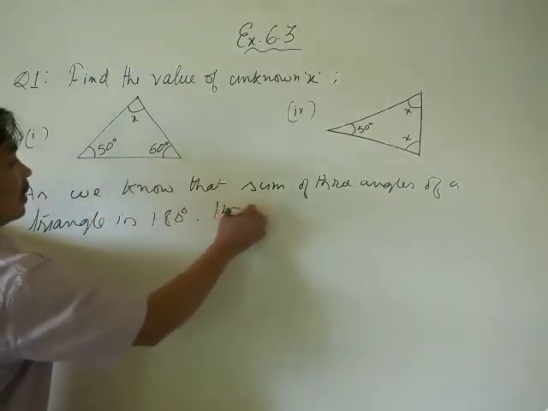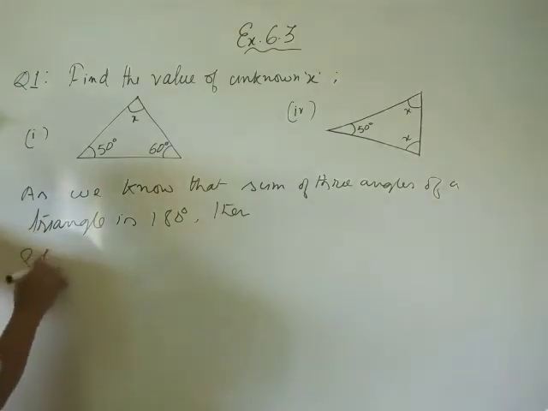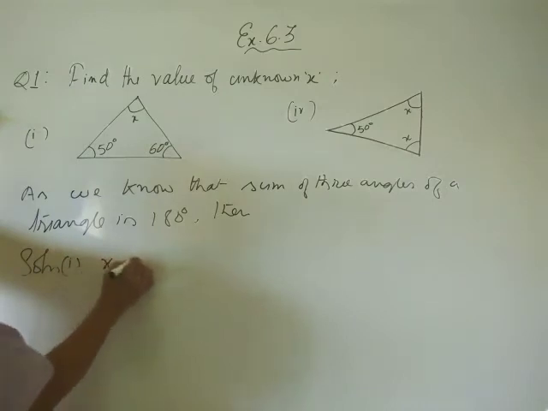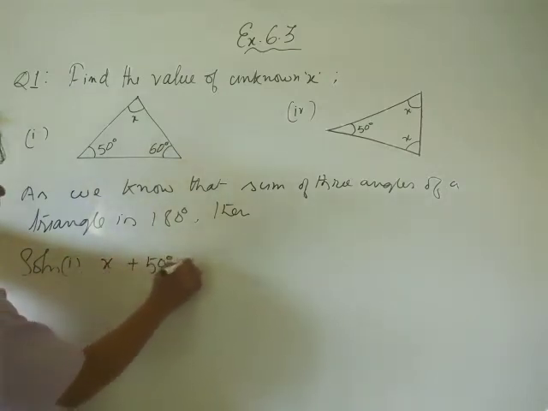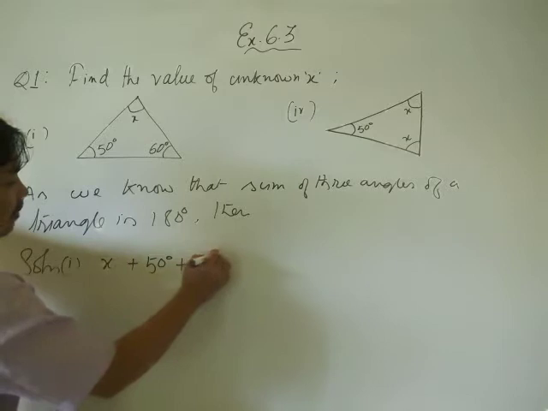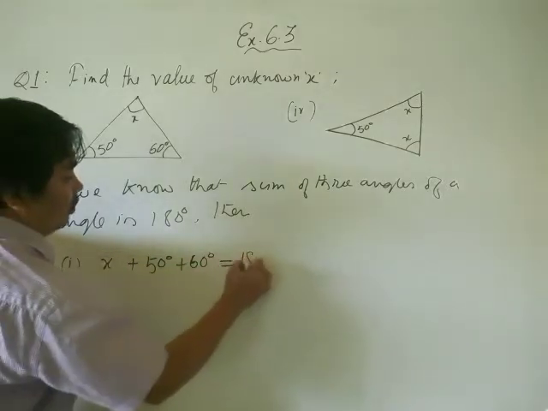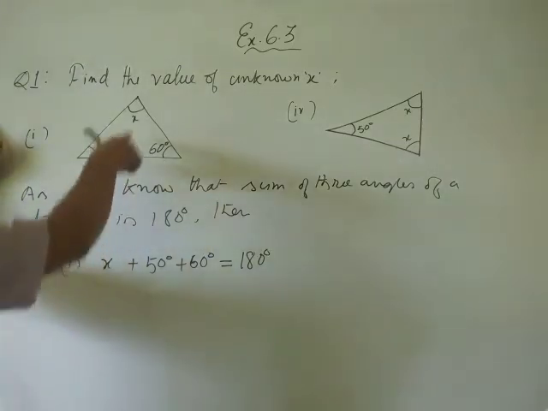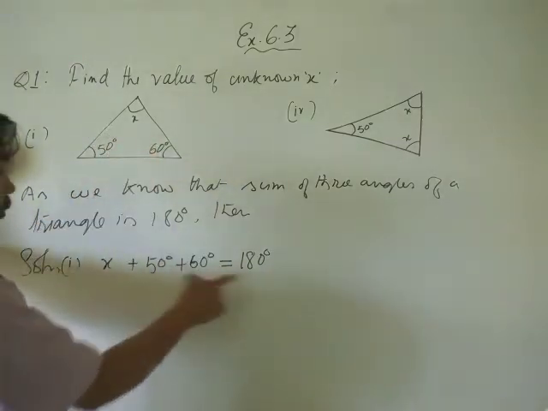Then solution number 1 we have like this: x plus 50 plus 60 will be equal to 180 degrees. Who is saying that? Angle sum property, isn't it? Angle sum property is saying that the sum of three angles is 180 degrees. So from here we can find out the x.